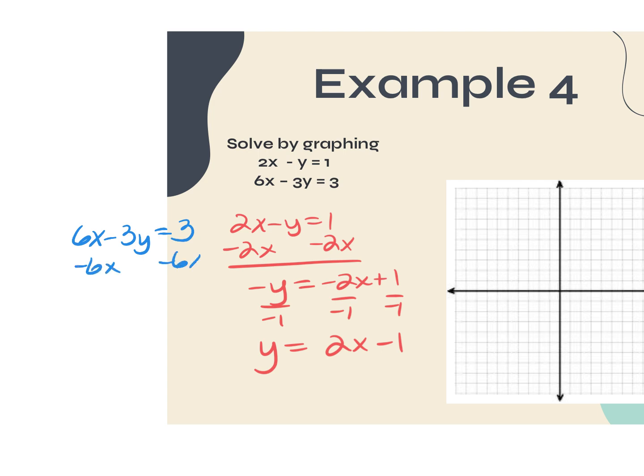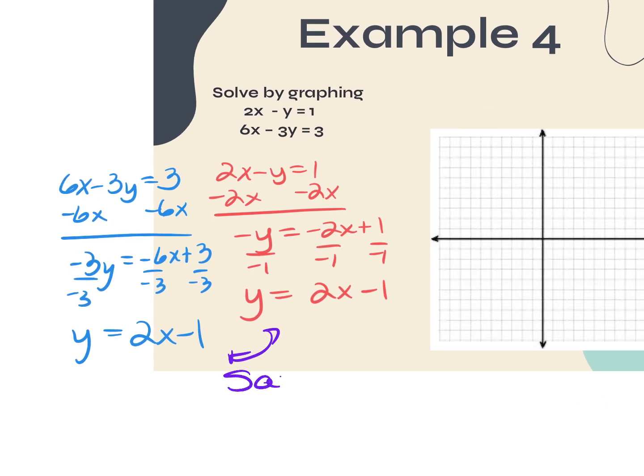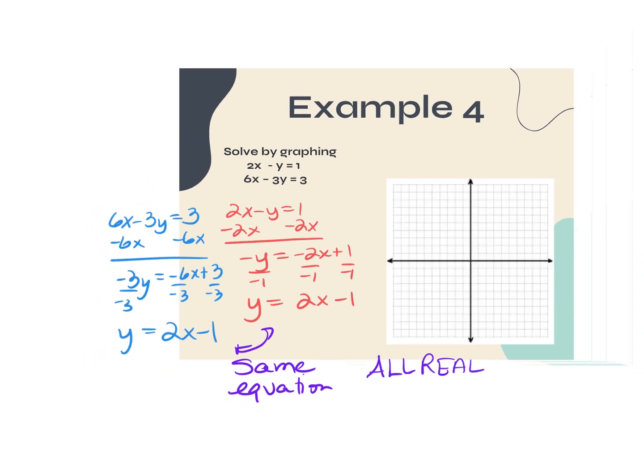Subtract the 6x. -3y equals -6x plus 3. Divide everything by -3. And notice my two equations are exactly the same. So when the equations turn into the same equation, then it's going to be all real numbers because it's exactly the same line.